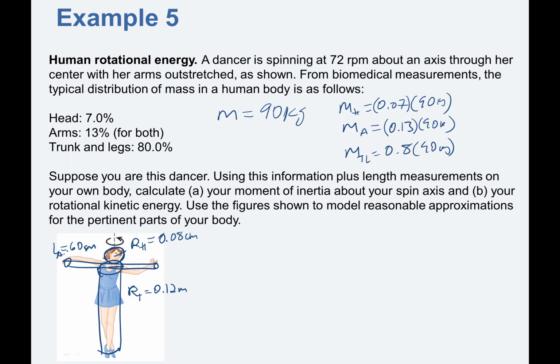All right. Now, one of the things we can also do here is, since we're given 72 RPM, remember, RPM is revolutions per minute. We want to convert that to radians per second.